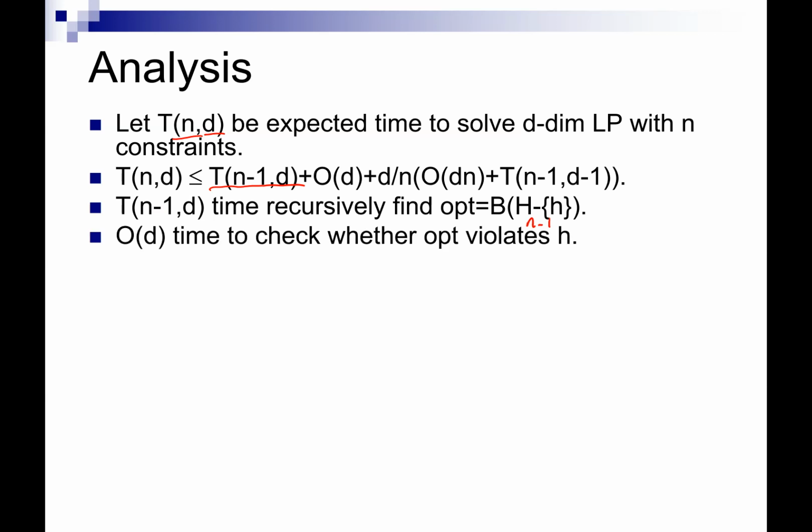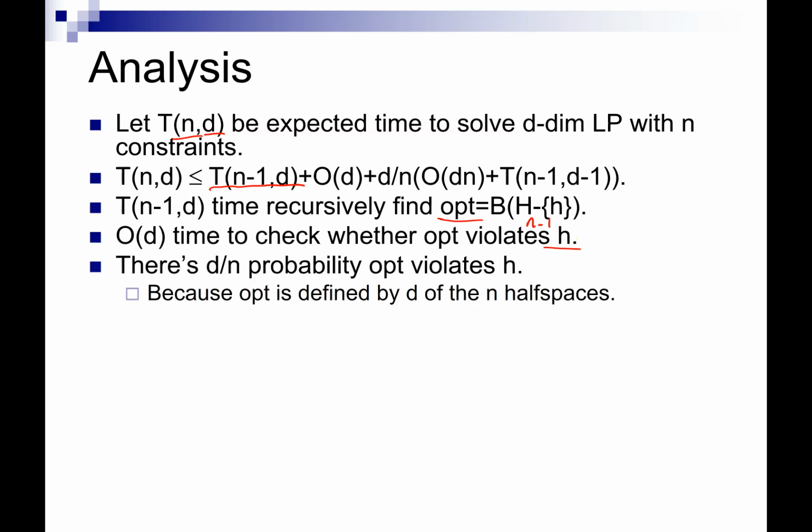After that, we need to check whether this optimum is going to violate h. This is going to take order d time because you need to take a d-dimensional dot product. Remember that the optimum is defined by d of these constraints. So there are d tight constraints in a d-dimensional linear program.